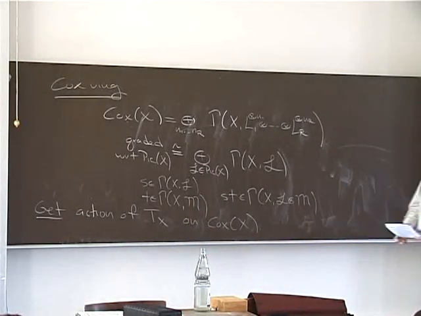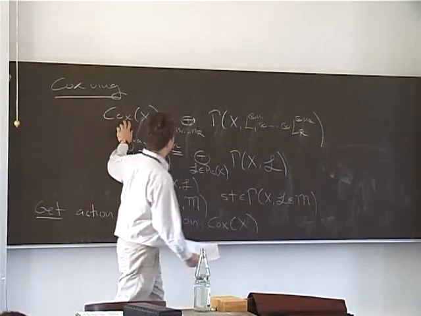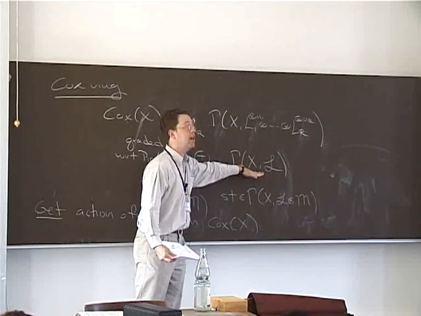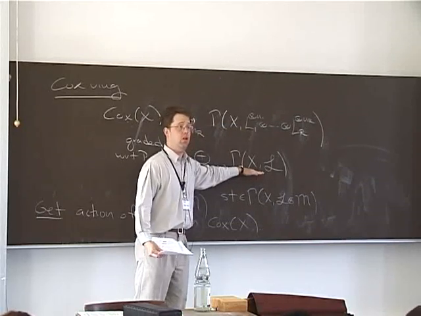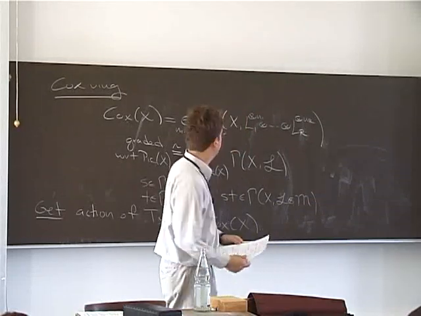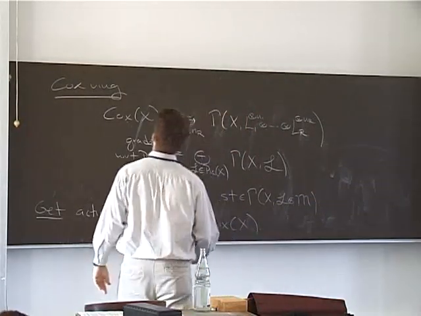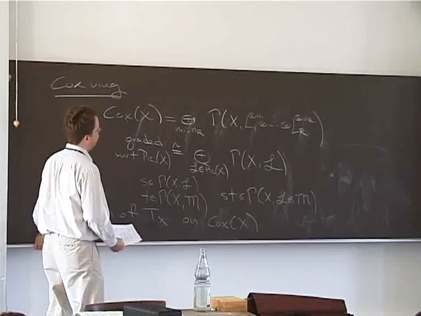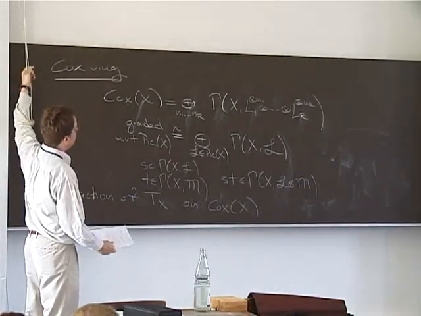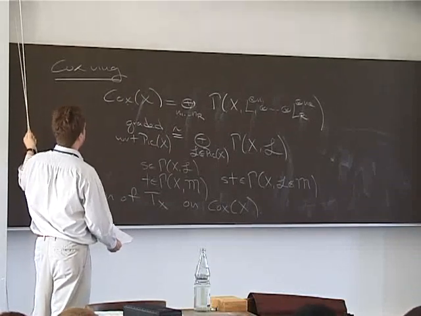I just let the torus act on this graded piece by the corresponding character, which are indexed by the Néron-Severi group. Okay, so this is the basic definition. Let me state some important properties.